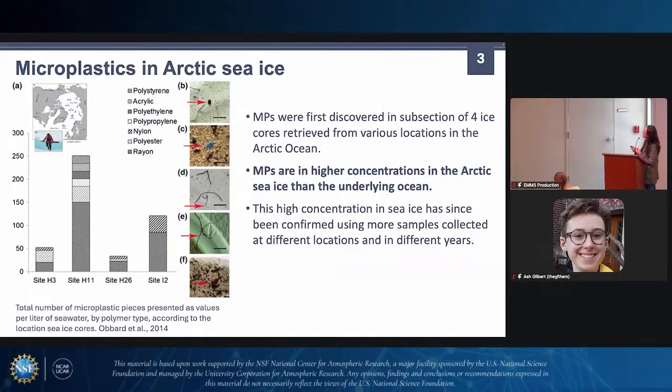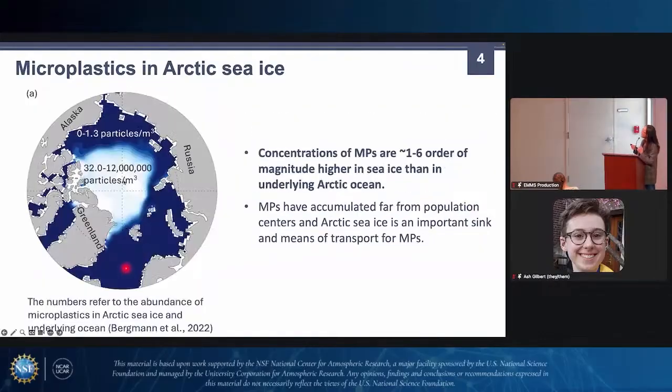Here, this schematic plot summarizes the typical range of microplastics in the Arctic sea ice and ocean, and we can see that the concentrations of microplastics are about 1 to 6 orders of magnitude higher in the sea ice than in the underlying ocean. So that means the microplastics have accumulated far from population centers, and Arctic sea ice is an important sink and means of transport for microplastics. But how do they get there?